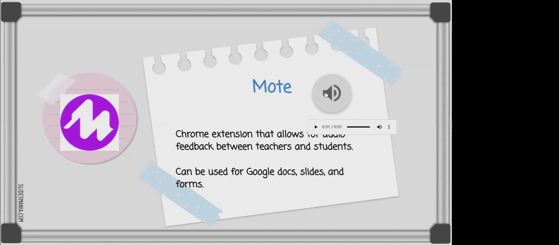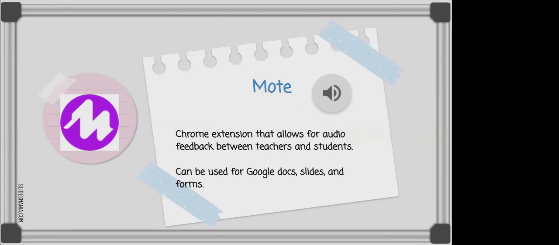So again, Mote is kind of a freemium extension. There is a free version. You would get 30 seconds worth of recording per each Mote. The premium version, I believe you get 90 seconds for each recording, but I think in the student-teacher world, 30 seconds would be plenty. So that is Mote for Chrome.